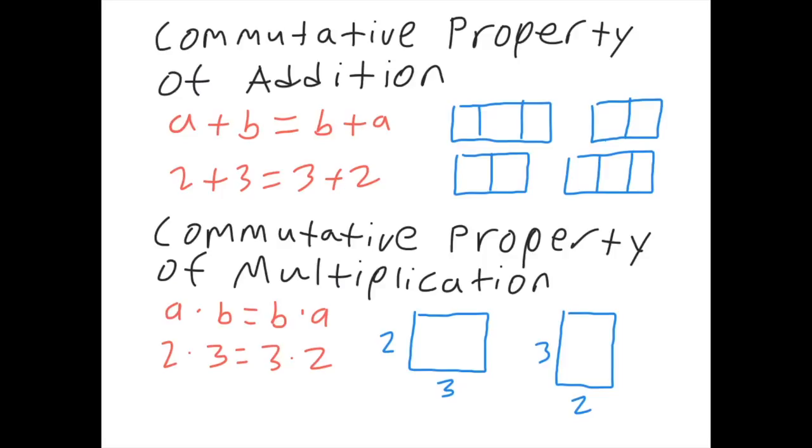Same box, we just tilted it a bit. So whether we say 2 times 3 or 3 times 2, there's the same area in each of these boxes, which we know as 2 times 3 is 6.